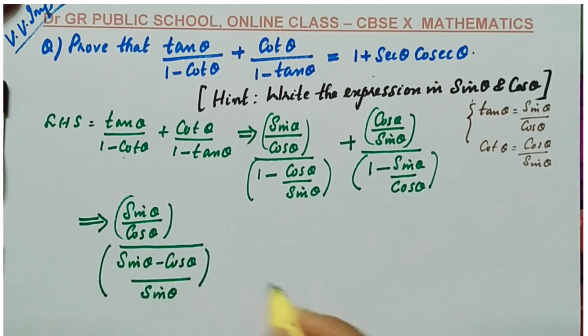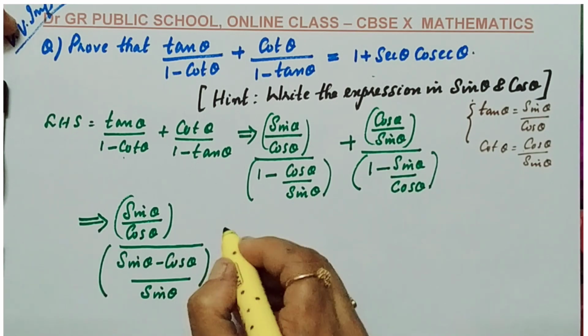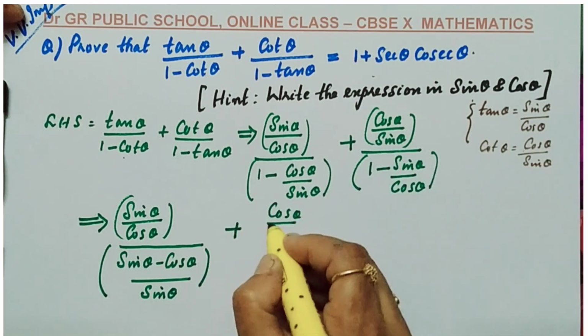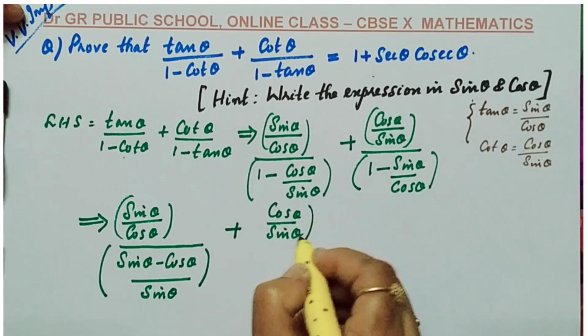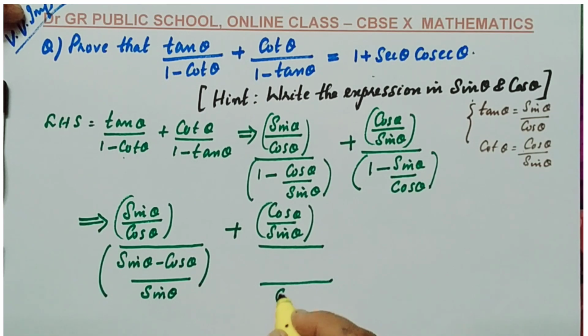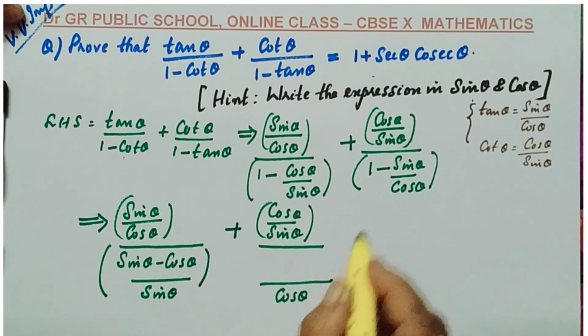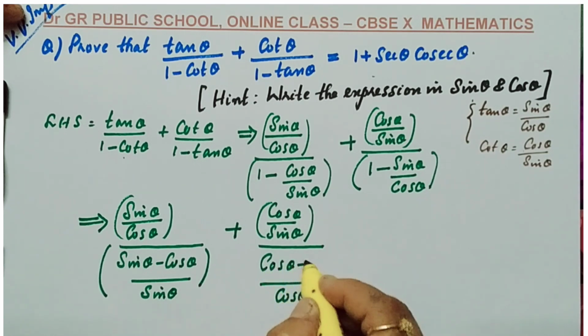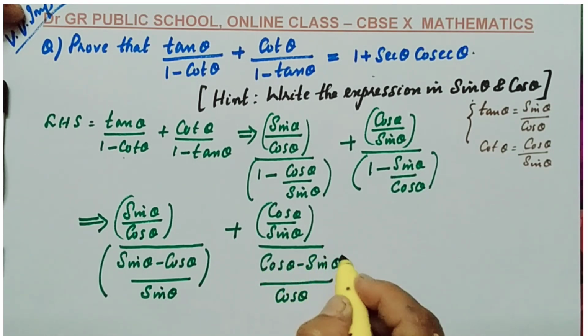This is your denominator. Plus again cos theta by sin theta, the numerator, by the denominator I am going to take the LCM cos theta upon cos theta minus sin theta. So the second step is taking of LCM alone.